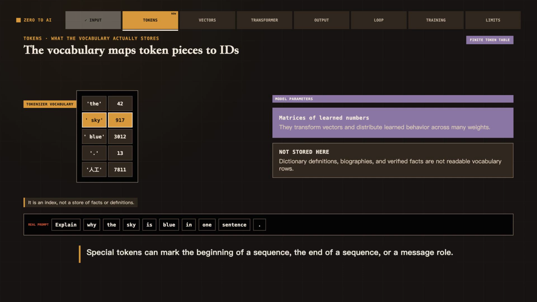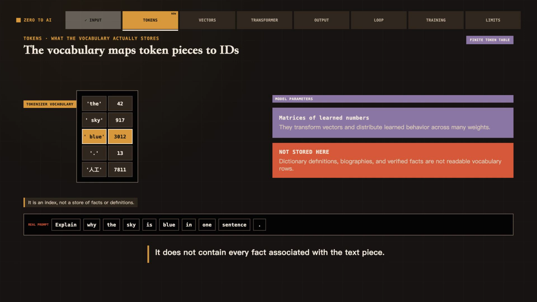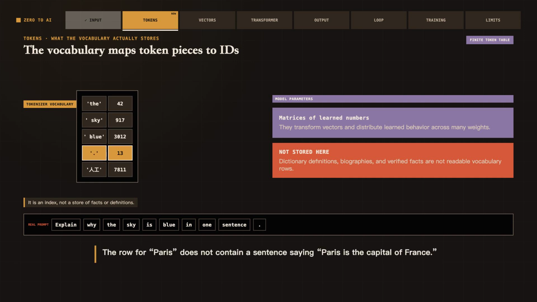Special tokens can mark the beginning of a sequence, the end of a sequence, or a message role. The vocabulary does not contain a definition of the token. It does not contain every fact associated with the text piece. The row for Paris does not contain a sentence saying, "Paris is the capital of France." It only tells the encoding and decoding system how to move between a text piece and an integer.